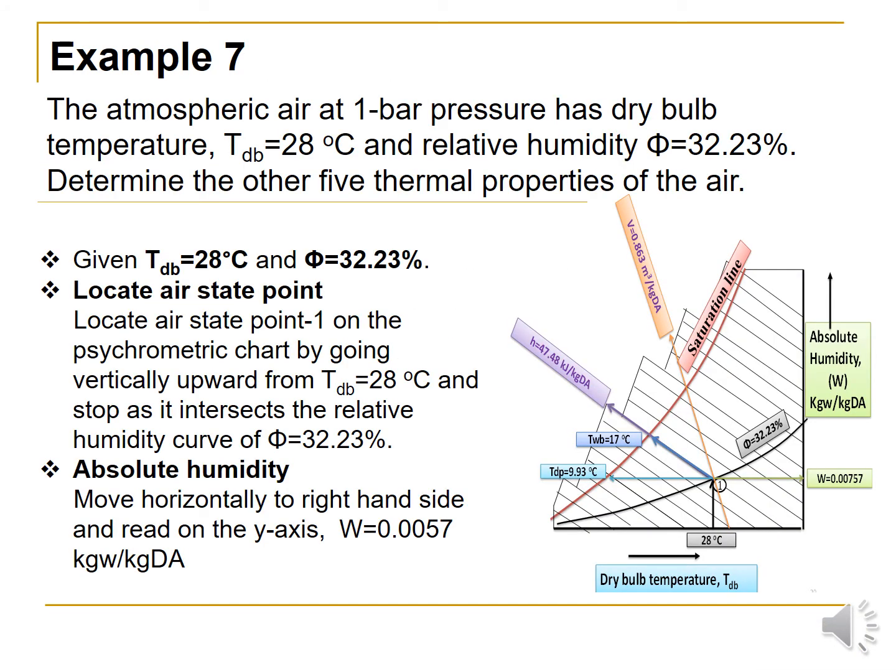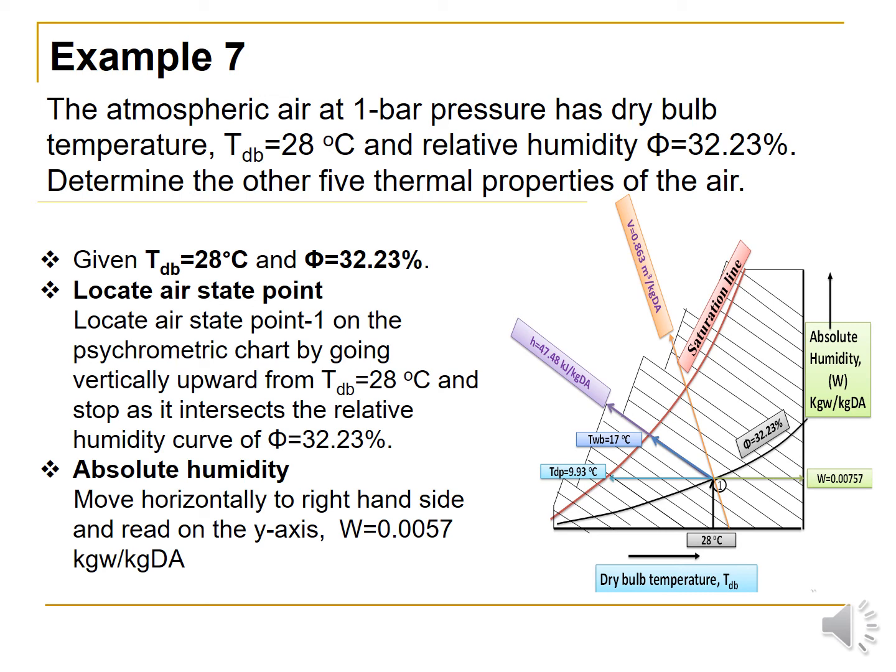Another example: the atmospheric air at 1 bar pressure has dry bulb temperature 28 degrees Celsius and relative humidity 32.23%. Determine the other 5 thermal properties of the air. So the given TDB is 28 and relative humidity 32.23%.